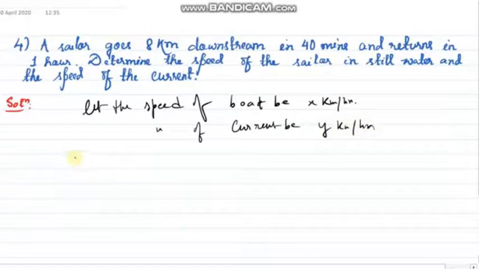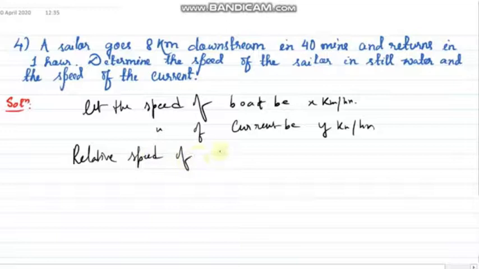So relative speed of downstream. What will be the relative speed of downstream? When the boat is moving downstream, the speed of the boat and the speed of the current both apply.